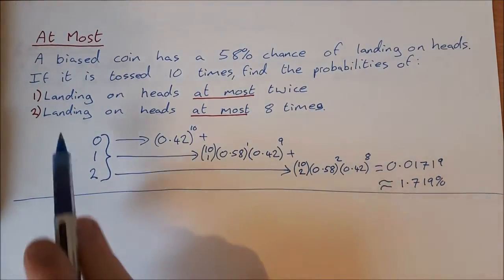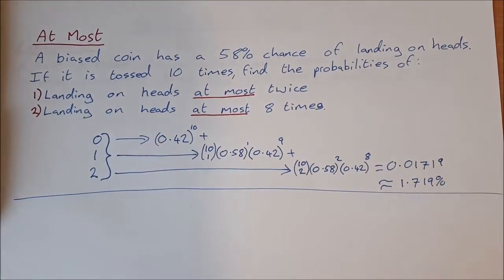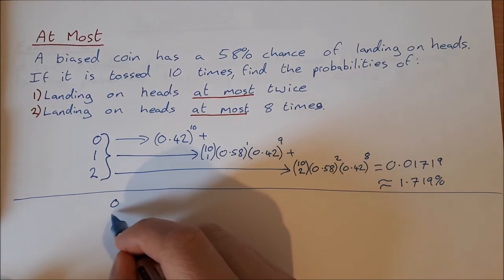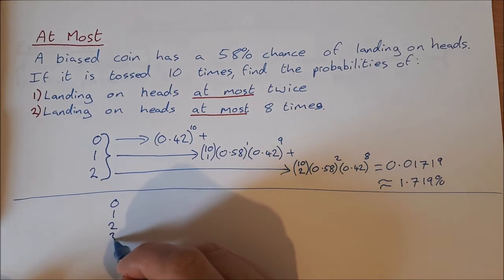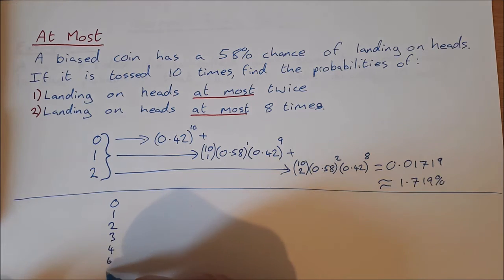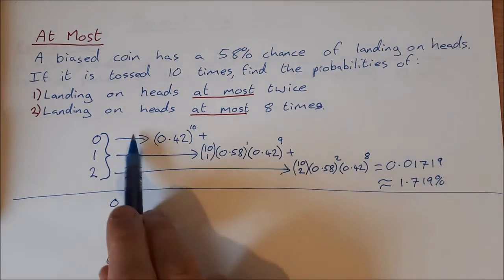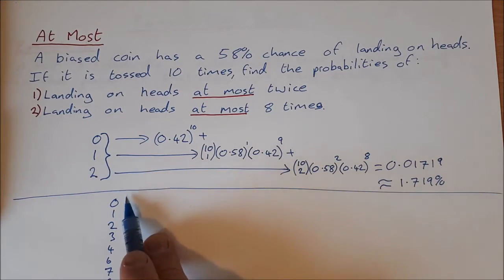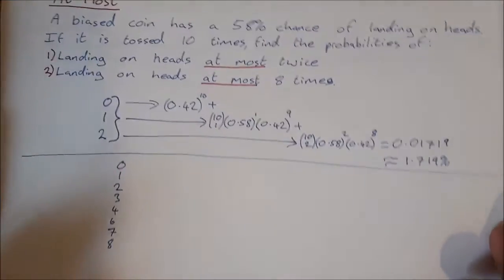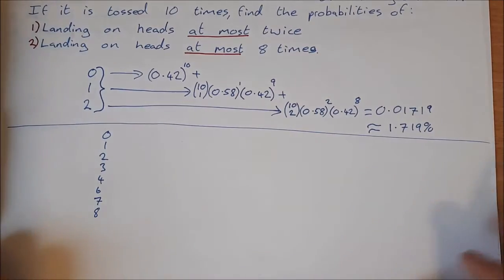Now the second bit: what's the probability of landing on heads at most 8 times? So at most 8 times would be either 0 times, once, twice, 3 times, 4 times, 5 times, 6 times, 7 times, or 8 times. Well look, we already have 3 of them done. I'd have to do that 8 times in order to calculate that.